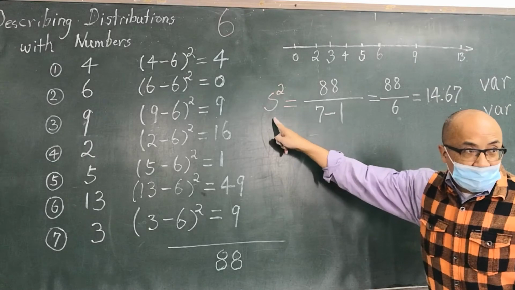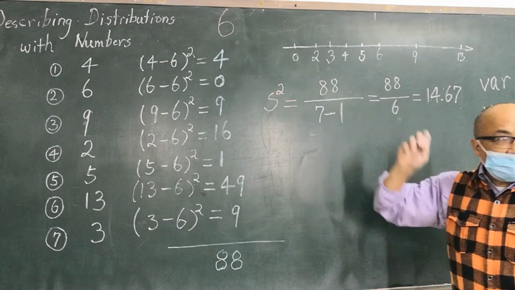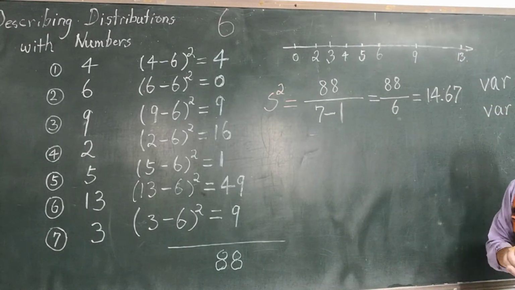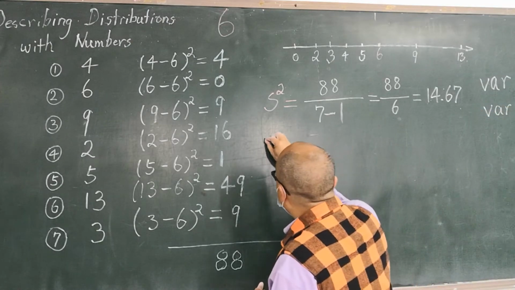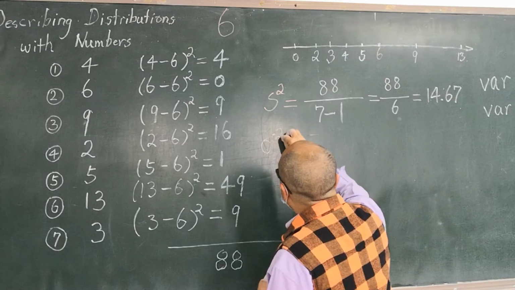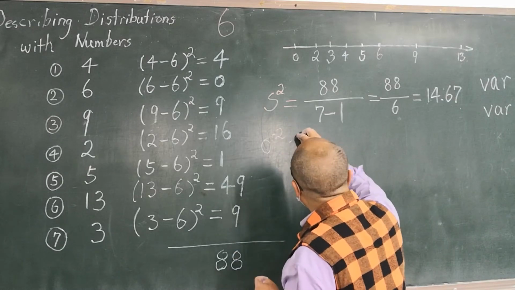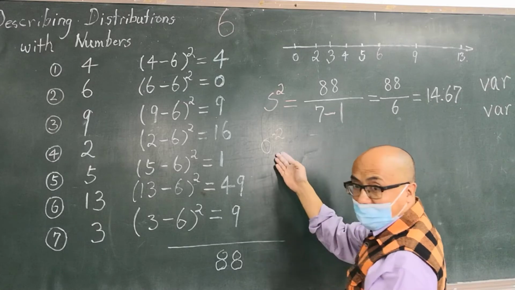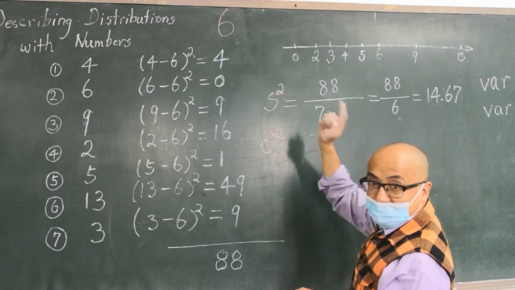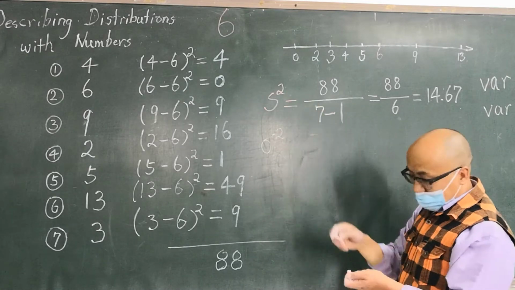This means a sample. If it is a population, what's the symbol? If it is a population, it's this. This means a standard deviation. There's a 2 sitting there.